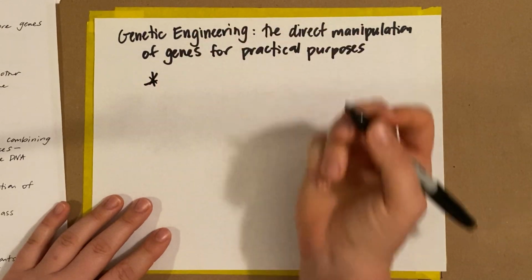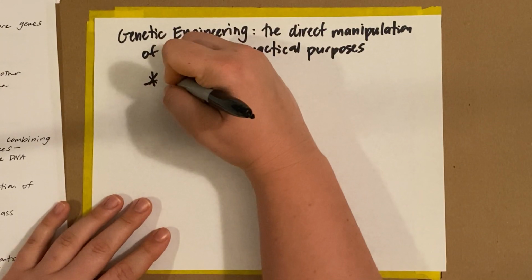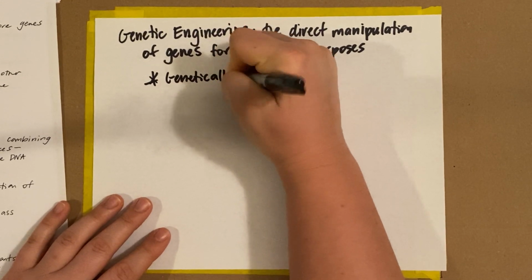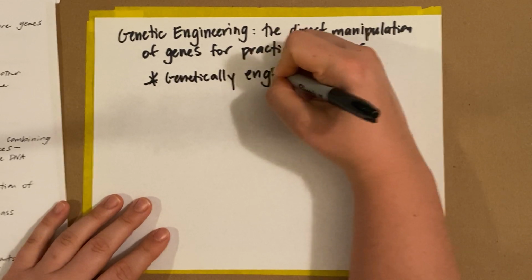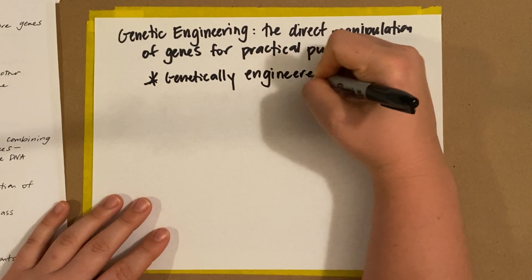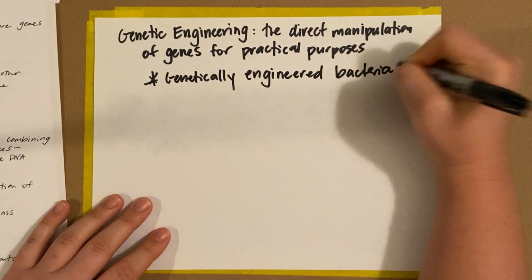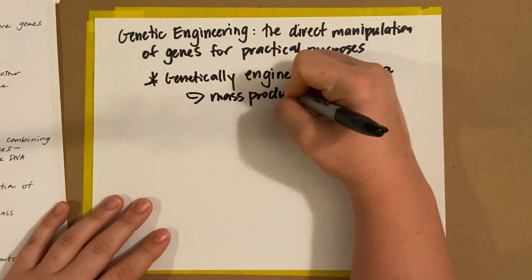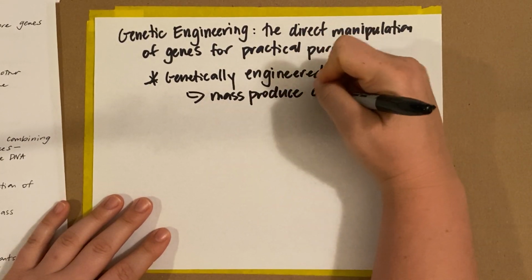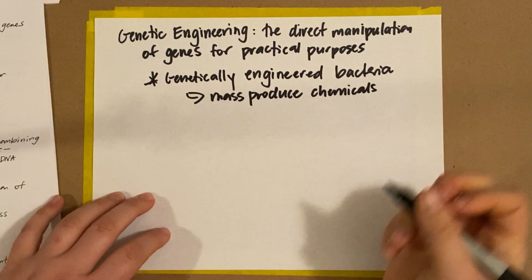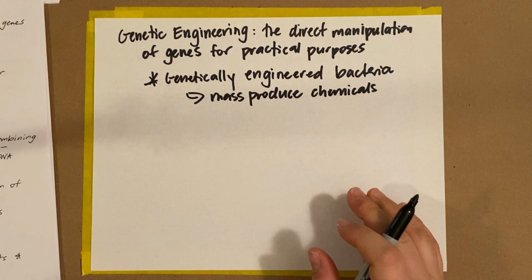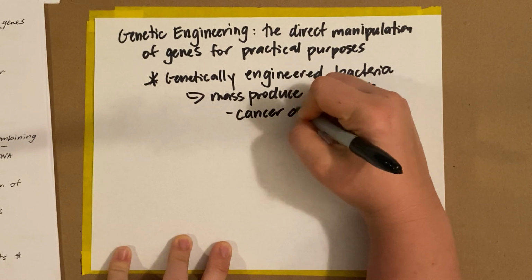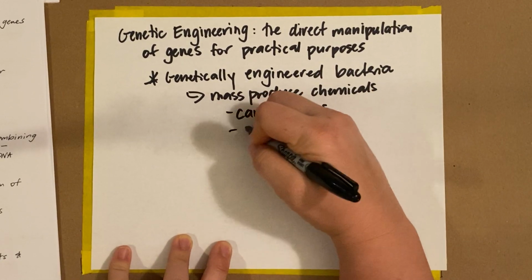For example, one of the big things that happens is that there are genetically engineered bacteria that mass produce chemicals. Okay, so we have taken bacteria and inserted genes that we want to make some type of chemical, and some of these are going to be cancer drugs, other types of drugs, pesticides are another type.